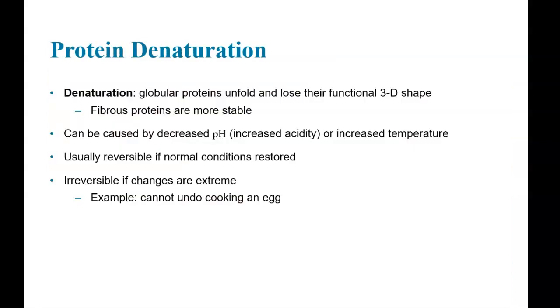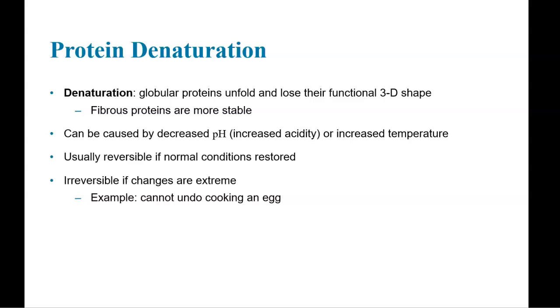For protein denaturation, this varies based on the type of protein, because there are globular proteins and fibrous proteins. Globular proteins, if they're denatured, lose their form and their function. Without the form, it can't conduct its specific function. Fibrous proteins are more stable, so they don't denature as easily as globular proteins.